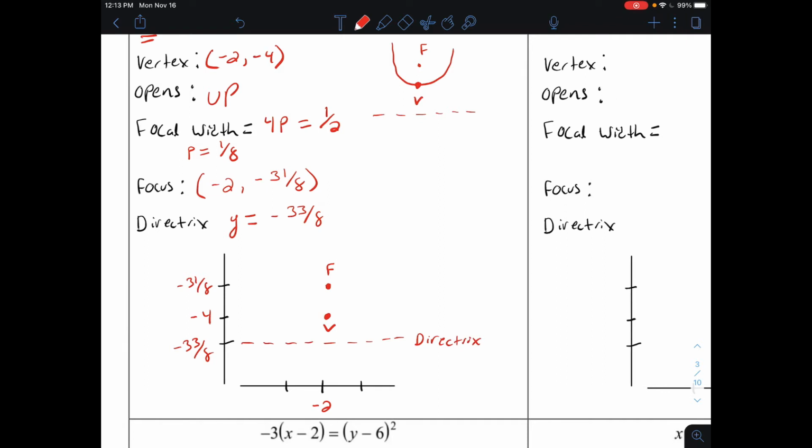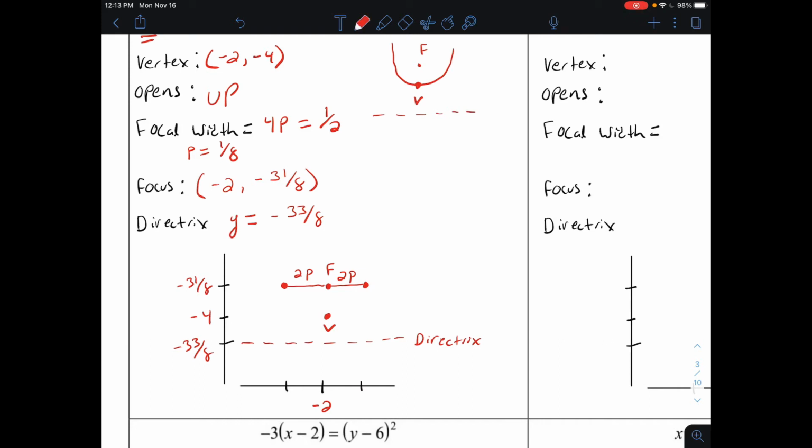Now we want to get two other coordinates that lie on the parabola, so that way we could increase our accuracy. Now we're going to have the endpoints of the focal chord. The distance from the focus to either of these endpoints is going to be 2 times p in either direction. So I could get the x values of those 2 points by taking the x value of my focus, which is -2, and adding or subtracting 2p from it to get to the x value on the right and the x value on the left.